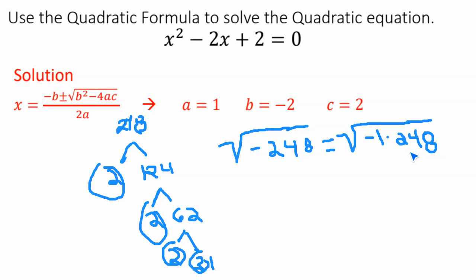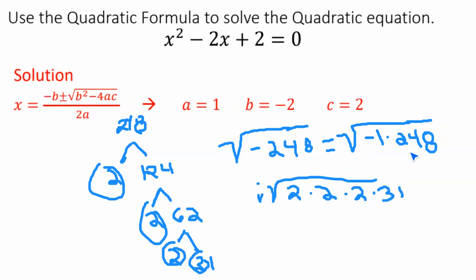So if I were to write this inside the radical, and again I have an i that came outside, I have the square root of 248. The building blocks of 248 are 2 times 2 times 2 times 31.